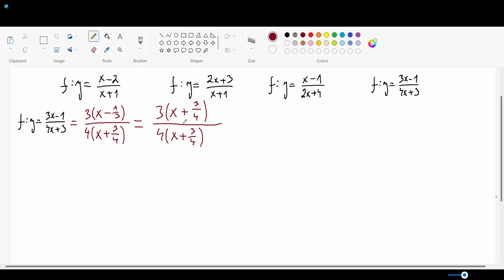We are now happy because we can see already that this will be cancelled by each other, but the problem is that this numerator is not equal to the numerator on the left side of our equation.